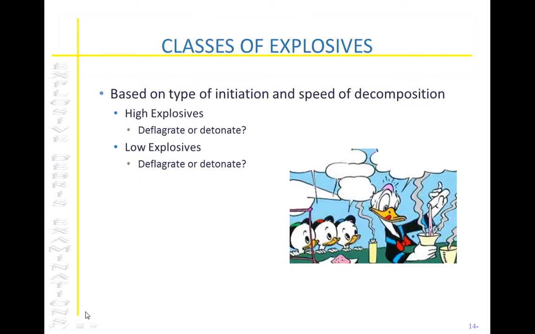So once again, remind yourself that explosives are classified based on the type of initiation and the speed of decomposition, and that your high explosives are going to detonate and low explosives are going to deflagrate.